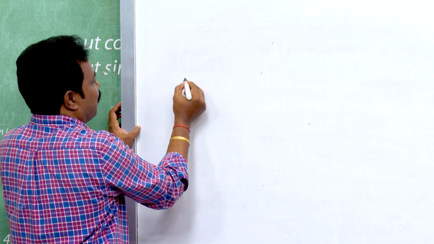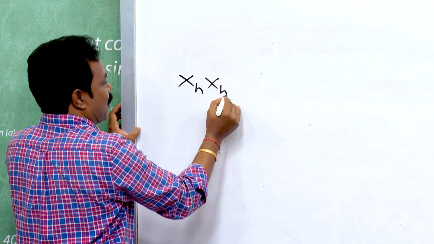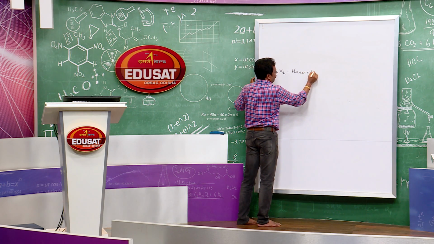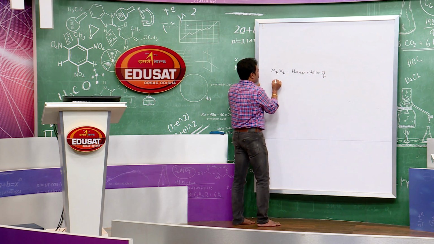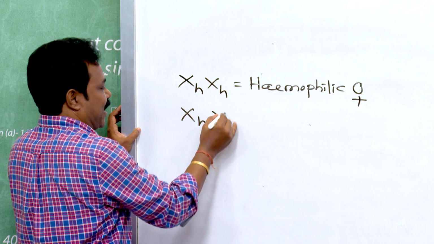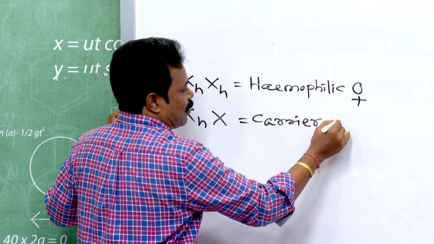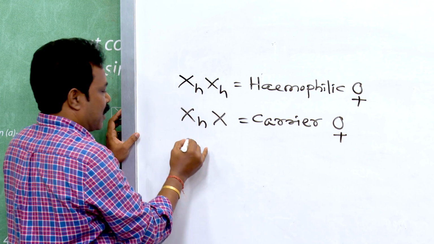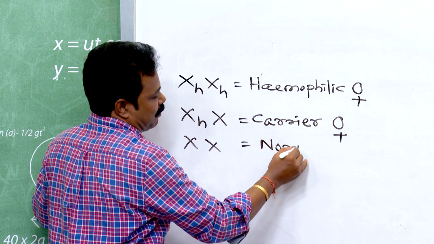For example, XhXh, hemophilic female; XHXh, carrier female; XHXH, normal female.